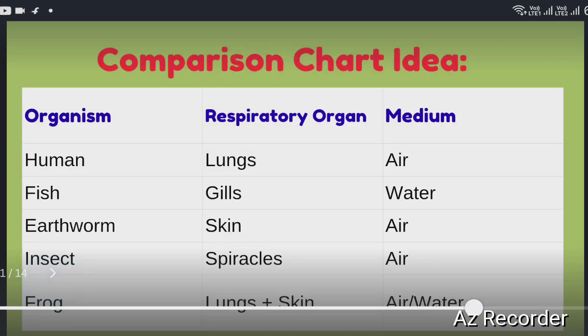And here is a comparison chart I have given, so that you can easily compare which organisms have which respiratory organs and in which media.